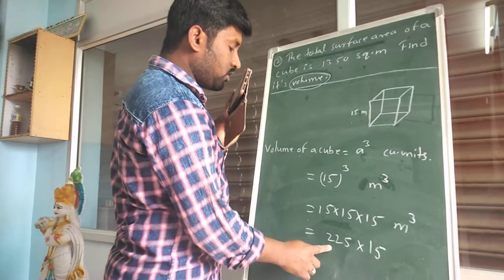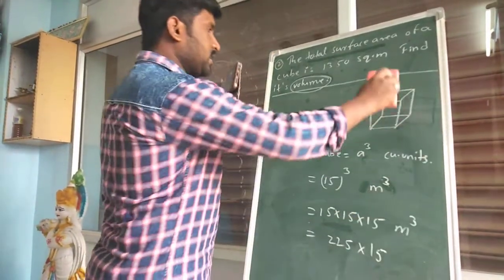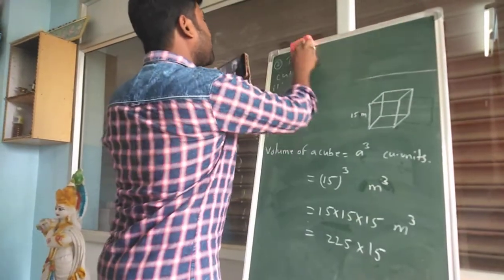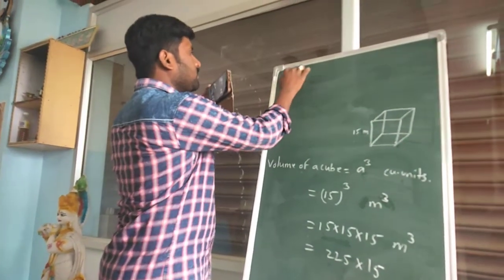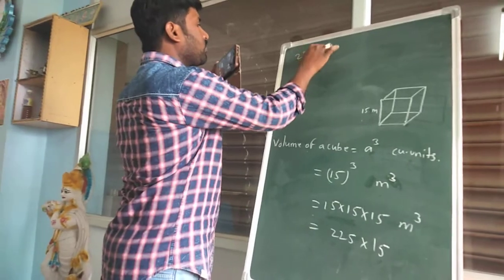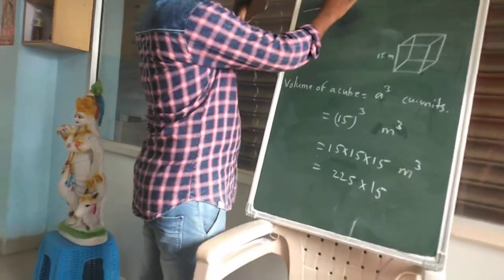Now 225 into 15, multiply and see what comes. 225 into 15, plus 5 fives are 20.